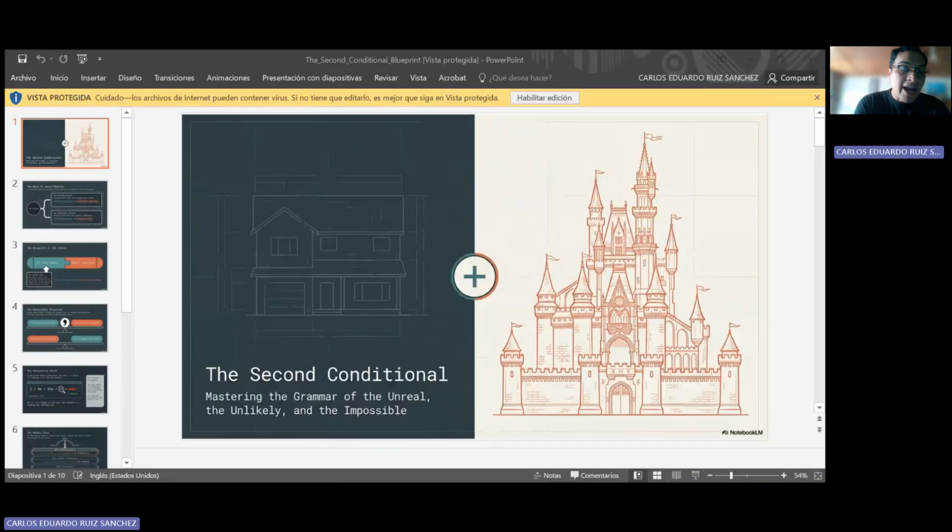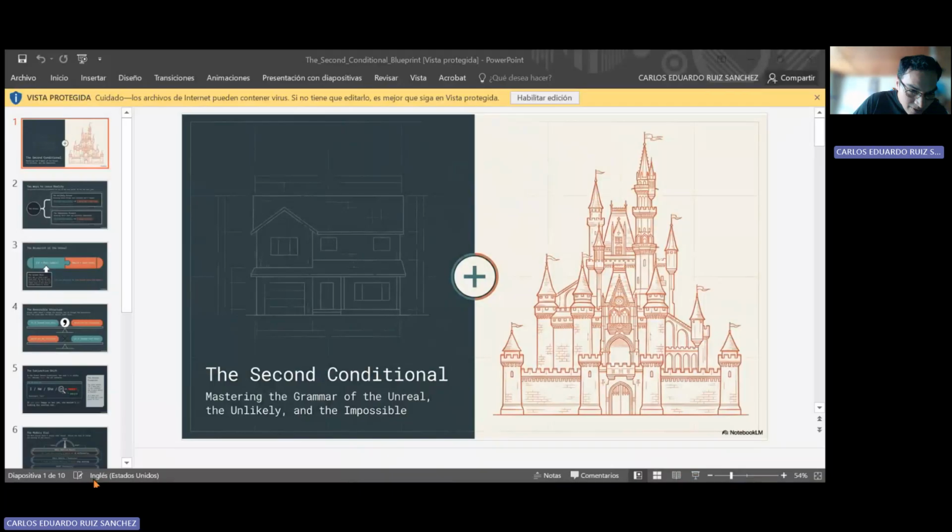This will be another topic that is necessary and mandatory to recognize in English grammar. The second conditional, yes, we will master the grammar of the unreal, the unlikely and the impossible elements, impossible ideas, okay? We use second conditional for that.